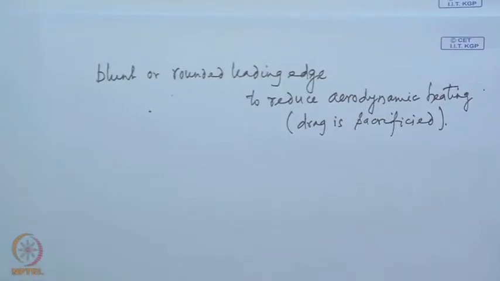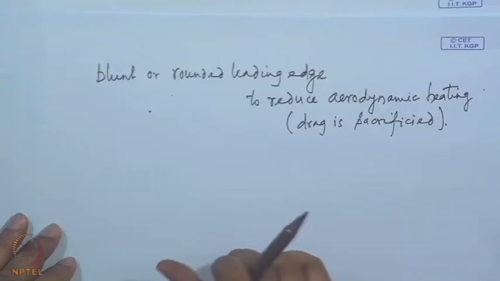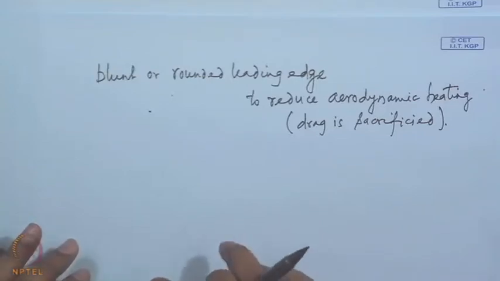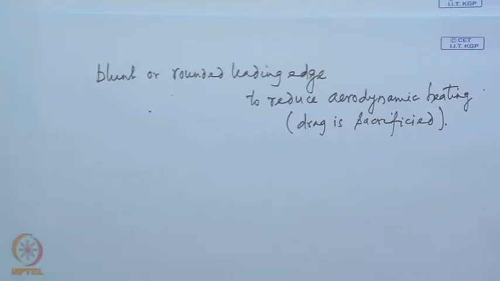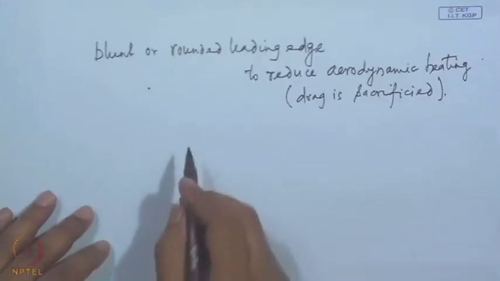Now, if the bodies are rounded, then of course a question comes: the large changes occurring in the transverse direction over a thin region, is that still true? That remains true again.